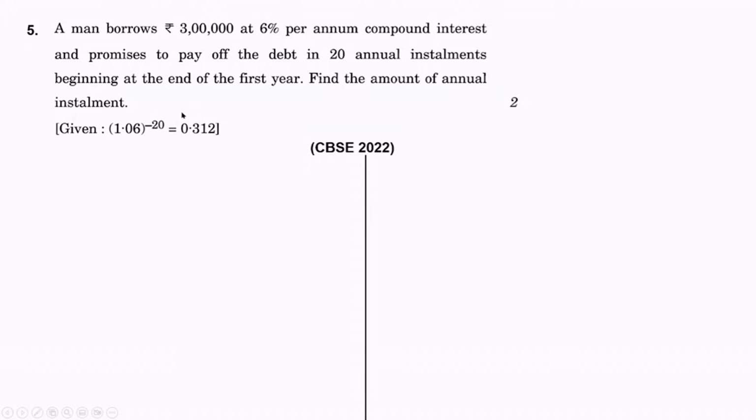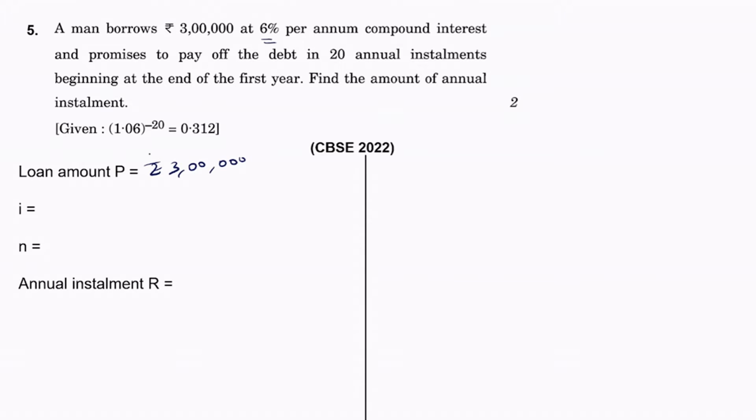So here instead of equated monthly installment, we have annual installment. So again it is the same formula which we use, the same EMI formula, except that here it is not compounded monthly, it is compounded yearly. So here the loan amount is rupees 3 lakhs.